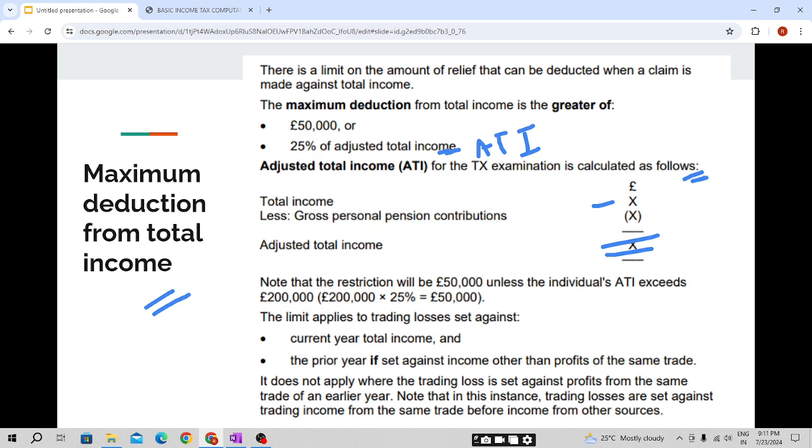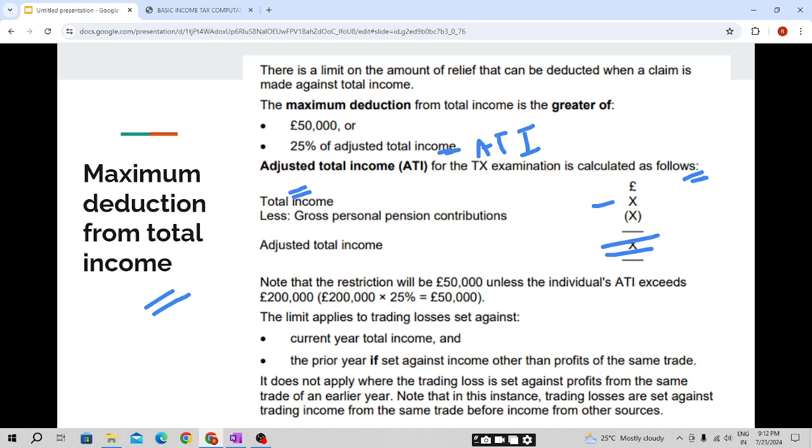In our PA we had seen the adjusted income, students. This is different. We had seen the adjusted income there. In the case of adjusted income, we were taking the net income, net income minus gift aid donation, less gross amount of personal pension contribution. But here it is adjusted total income, ATI.